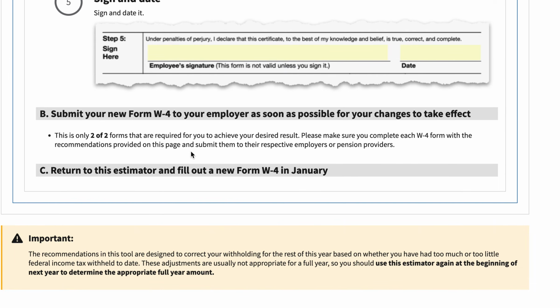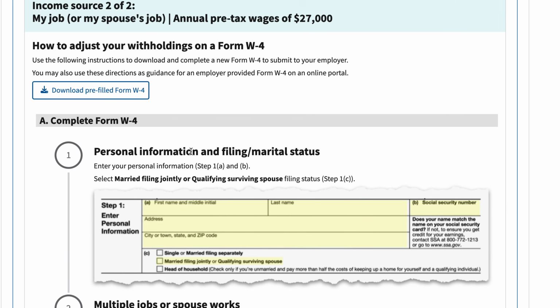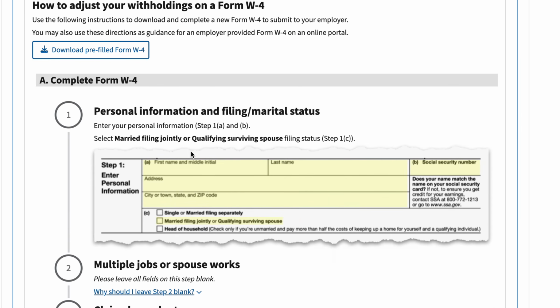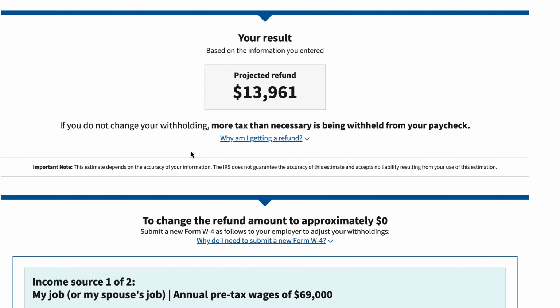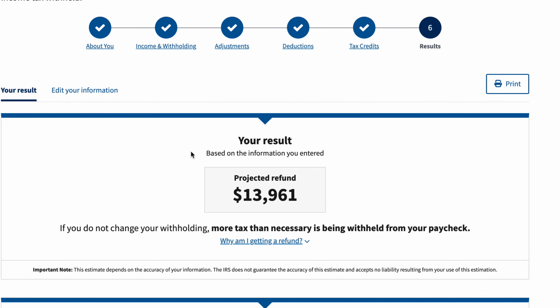So these are estimates, obviously, and you do want to make sure that you're doing this either with a professional who can walk you step by step through a process known as tax planning.